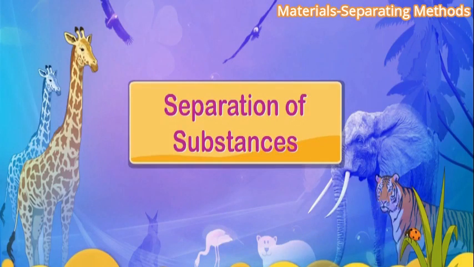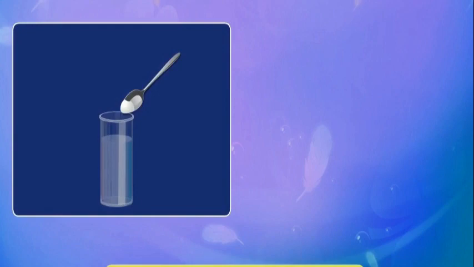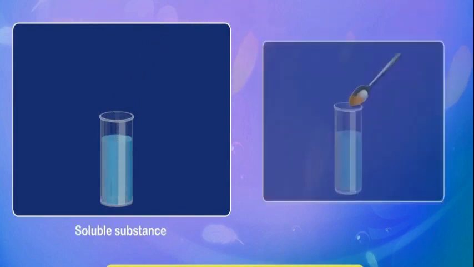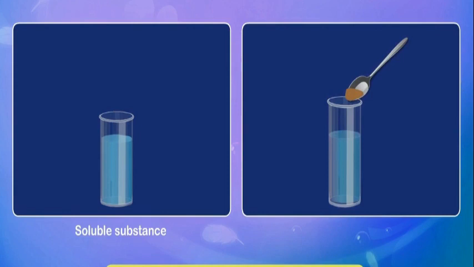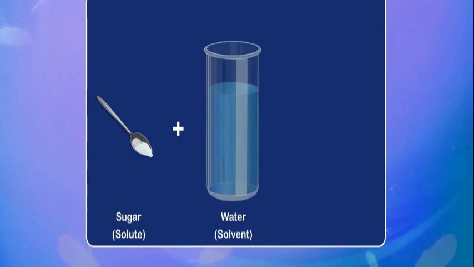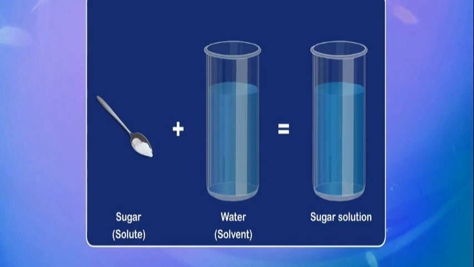Separation of substances. We know that a solution is formed when a substance dissolves in a given liquid. If it is unable to do so, we say that the substance is insoluble in that liquid. Sugar, that is solute, plus water, that is solvent, equals sugar solution.